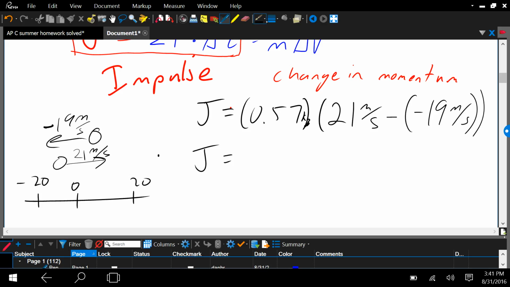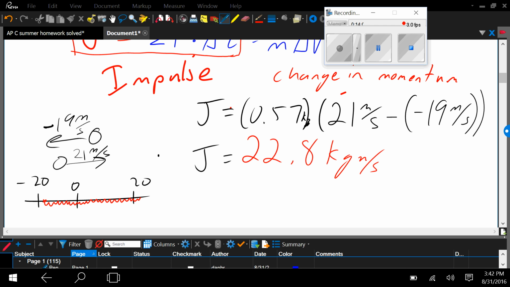If you were to take all the steps from minus 19 all the way over to 21, it'd be 40 steps or 40 increments along that number line. So the change in the velocity is 40. Okay, so you multiply that through, and we get the impulse.